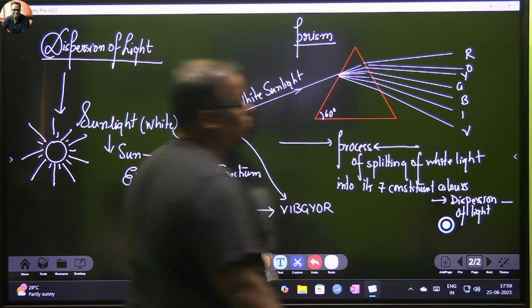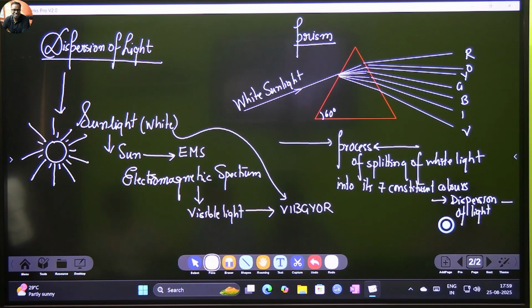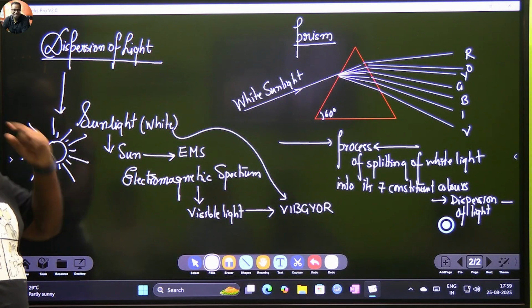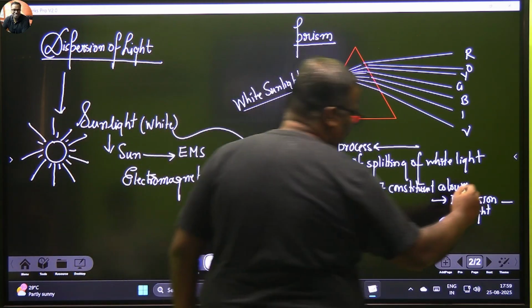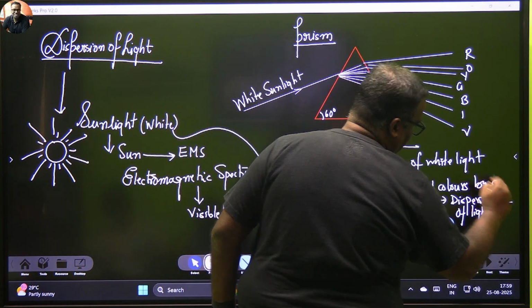This is known as dispersion of light: the process of splitting of white light into its 7 constituent colors by a prism. You can also add that, by a prism.